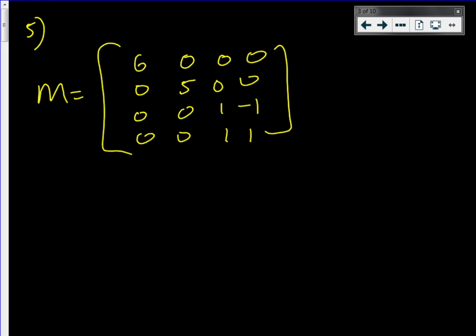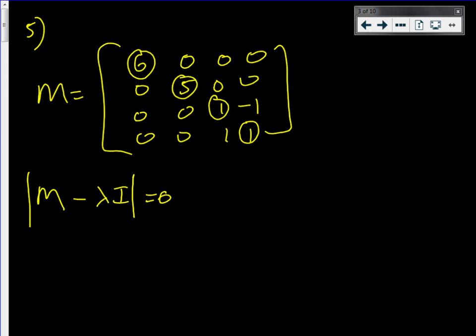Well, then that means you need to compute the determinant of M minus lambda I and set it equal to 0. That just means you take away lambda from these entries, and you do nothing to the other entries. You leave them like they are. So this is going to become 6 minus lambda. I'm going to leave the other entries the same.